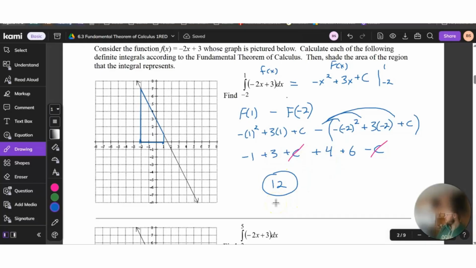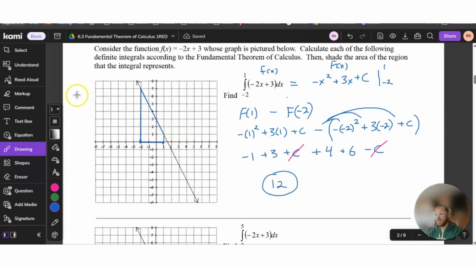Now, what you did in physics, because you didn't know calculus, you had a graph like this, maybe a velocity time graph, and they asked what the displacement was. You had to find the area under the curve by doing a right triangle, because you were doing calculus without realizing it. So let's do our physics way and make sure that we get 12.